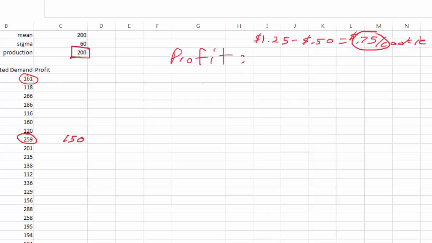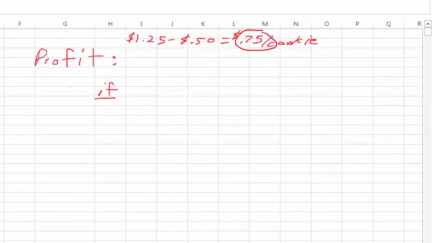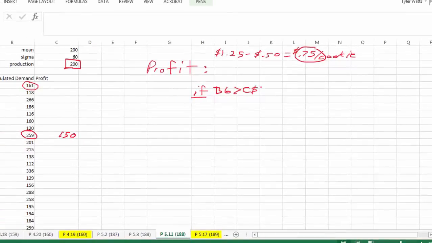This is going to be a conditional calculation. And what we'll actually do in Excel is we'll say if the demand, which is B6, is greater than the production, which is C3, and I'm going to indicate that we need a $ sign there to lock that. If B6 is greater than C3, then we're going to make 75 cents times C3.